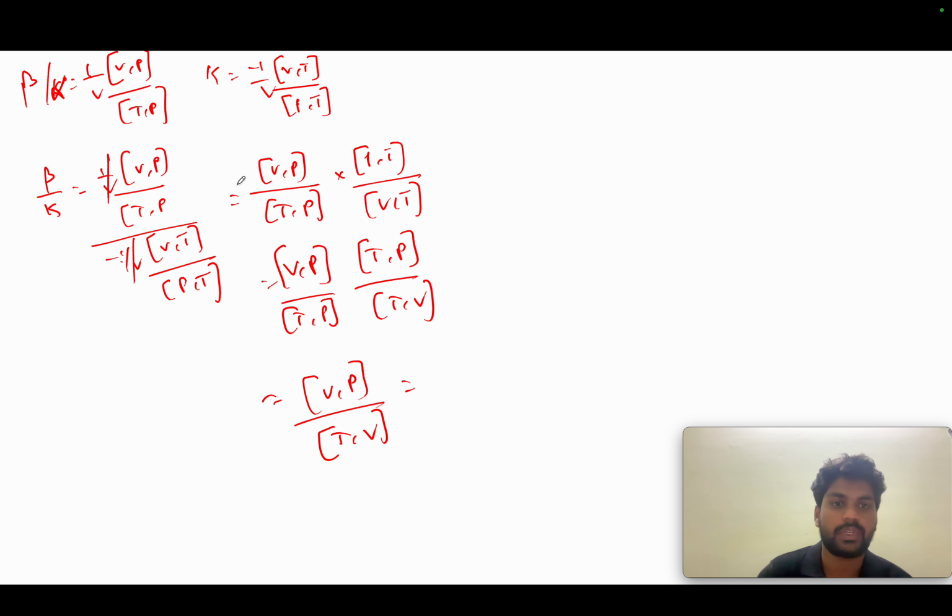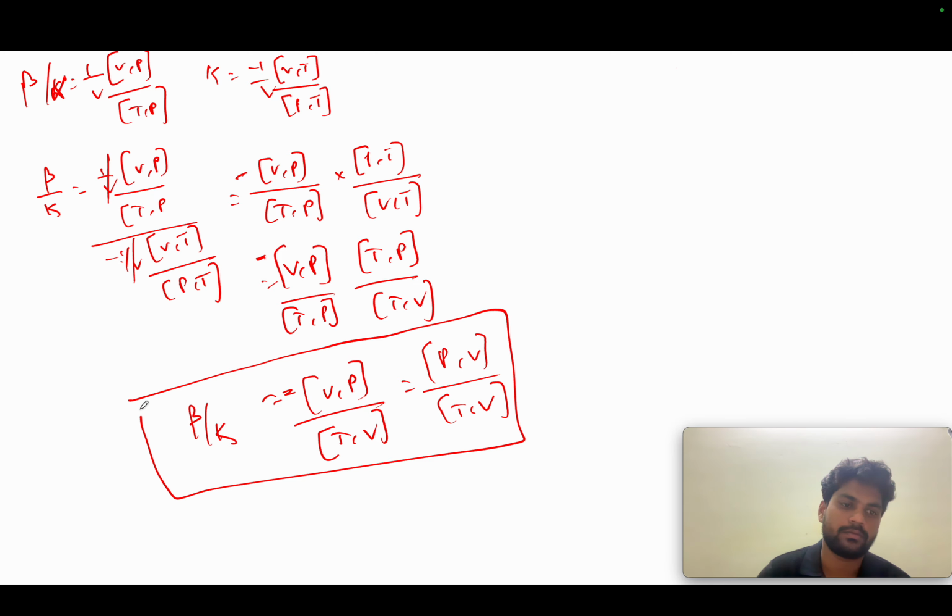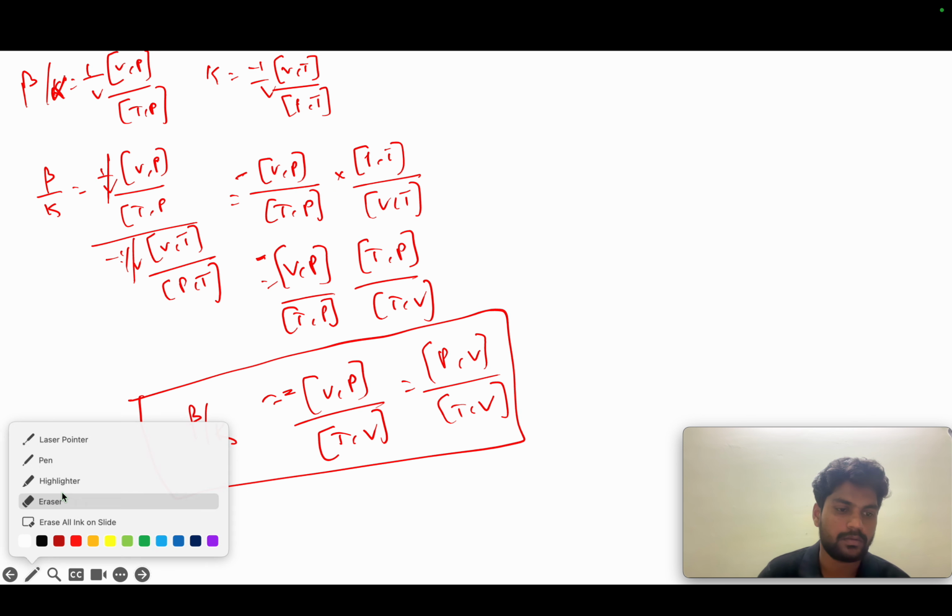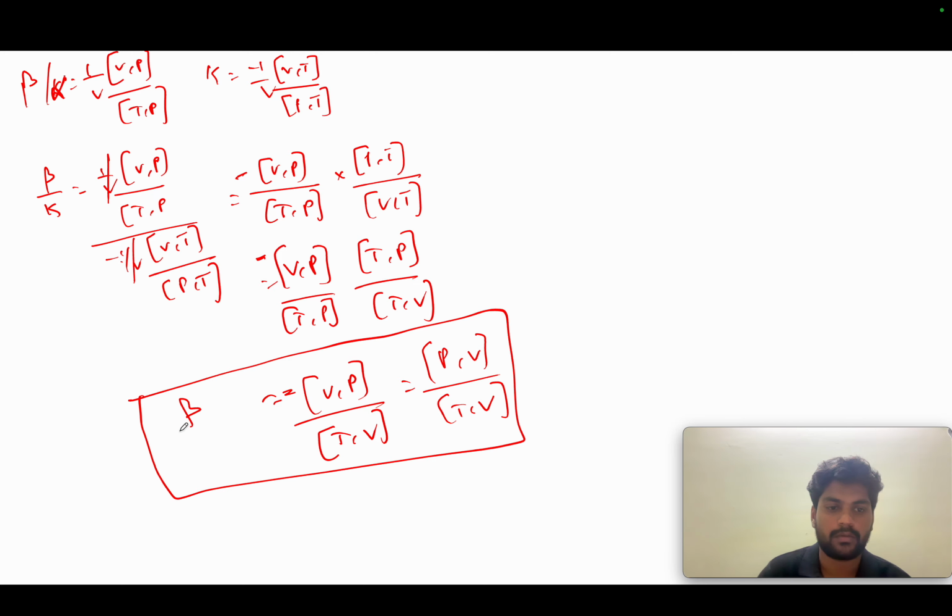Yeah, here the minus symbol is there, right? So minus will be there, minus will be there. So now beta by k, it's not slash. Okay, any doubts in this equation?